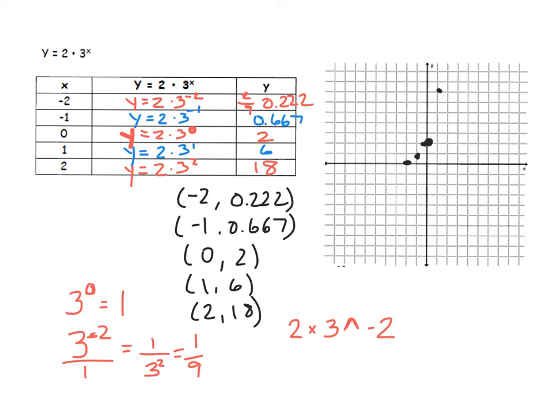Let's erase that and get the correct point in there, which would be right there. And 2, 18. Now 18 would be off the graph, maybe more like up here somewhere. Because if this is 10 right here, we need to go up 8 more. So that's probably about right.